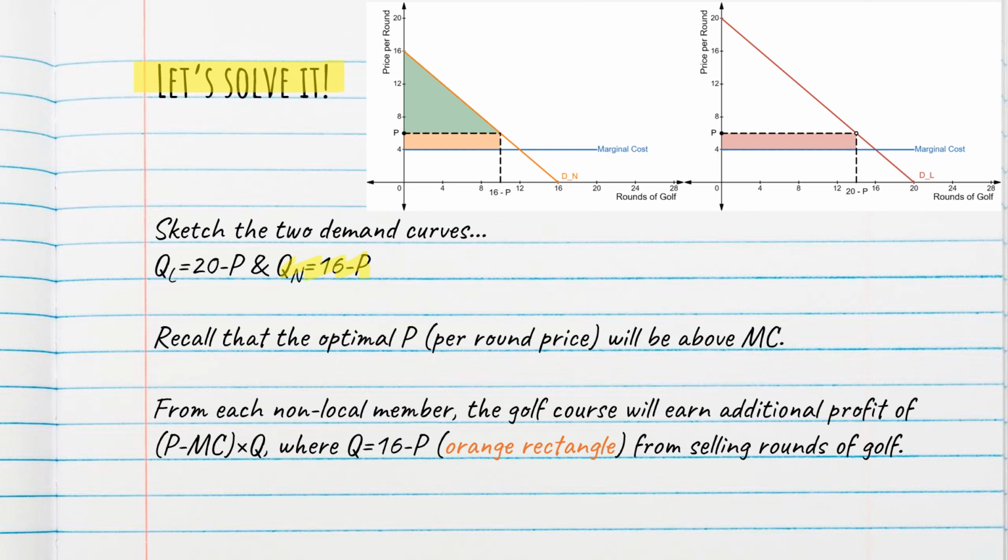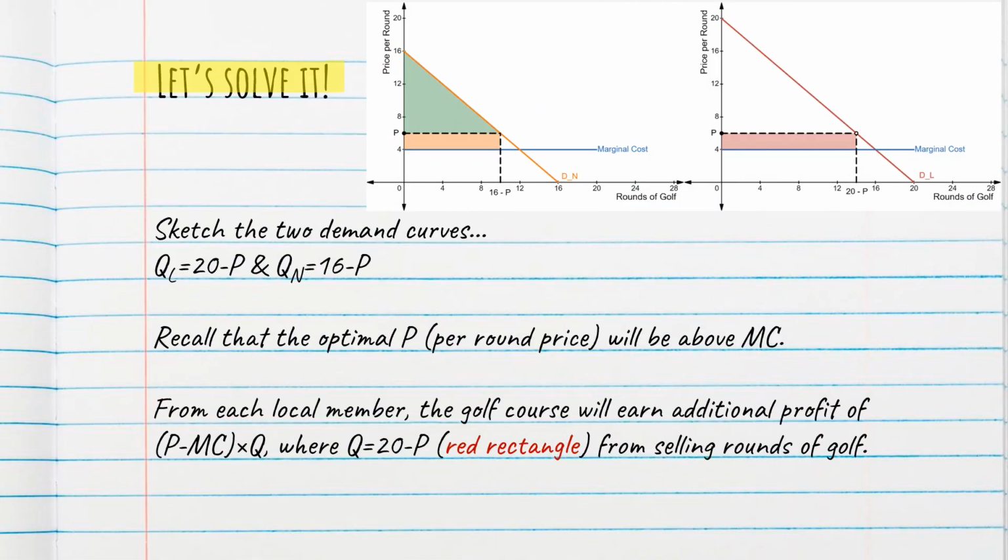That's the orange shaded rectangle. So far we're building this idea of what is profit under a two-part tariff. We're going to collect 20 green triangles, and then we're going to collect 10 orange rectangles from our non-locals. But then we're also going to collect something from our locals.